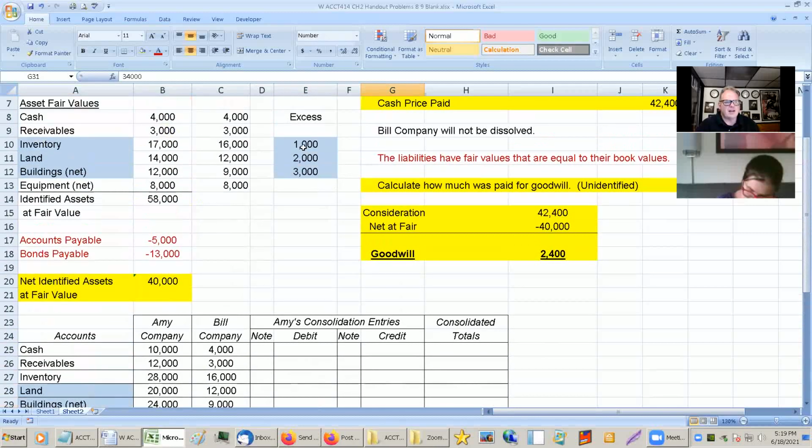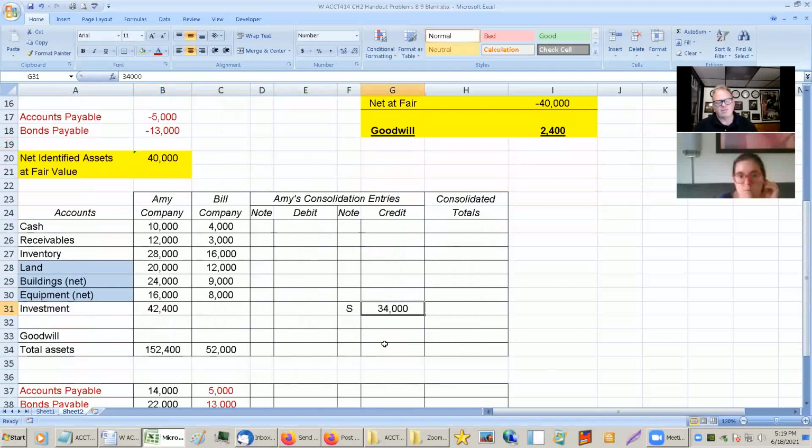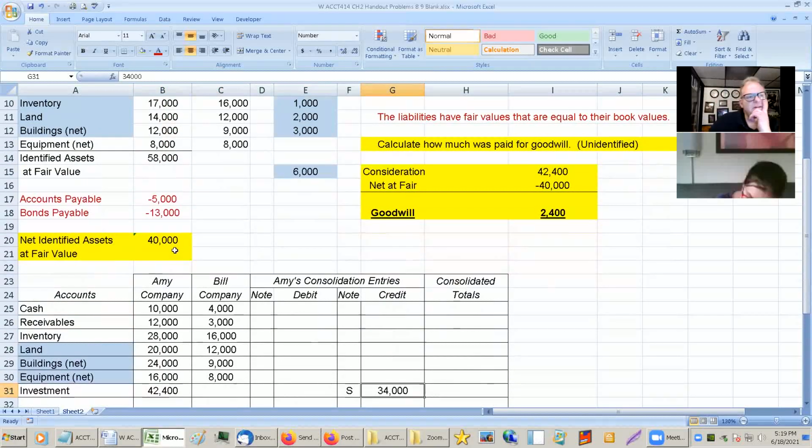And you can kind of see that in this too, because if the identified assets at fair value is 40,000, but the excess was 6, that means it must have been on the books at 34. So that's what that 34 is. The excess would bring it back to book value.